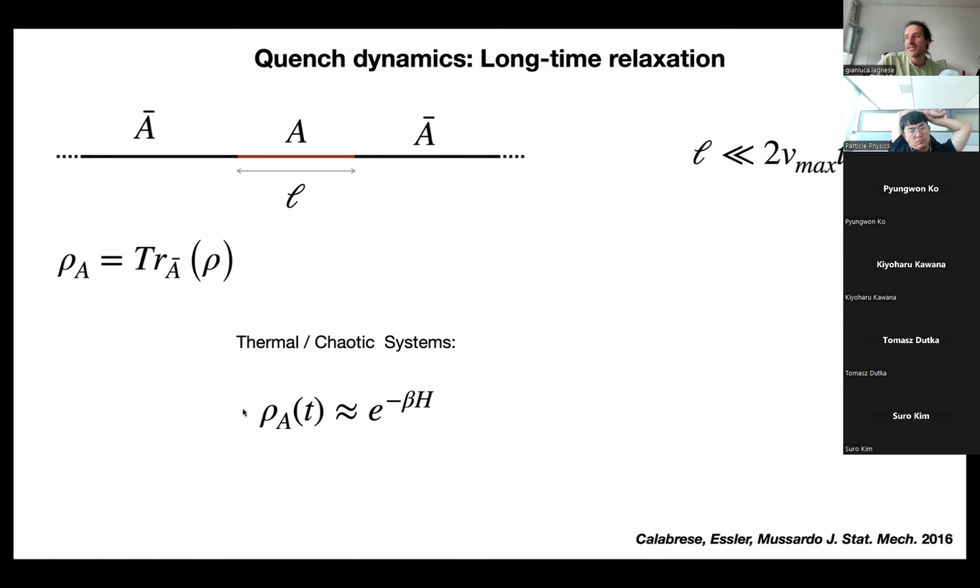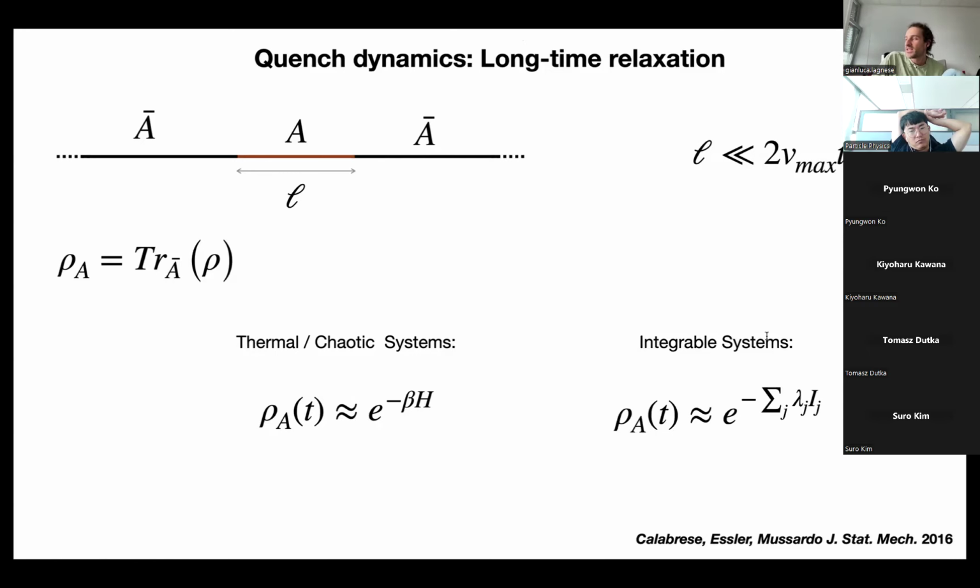So in this sense, even if they are closed systems and the dynamics is unitary, so the whole system stays pure, locally, if you just look at a small subspace of your system, essentially what you see is a thermal behavior.